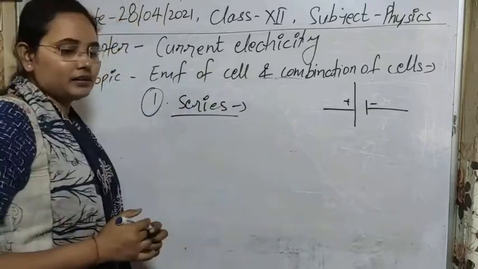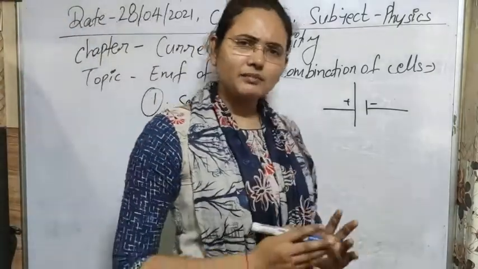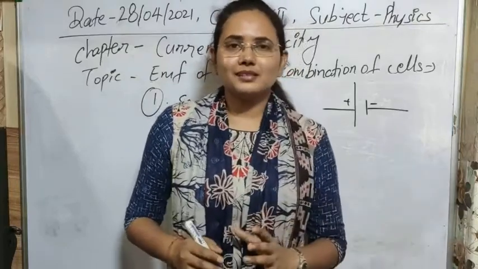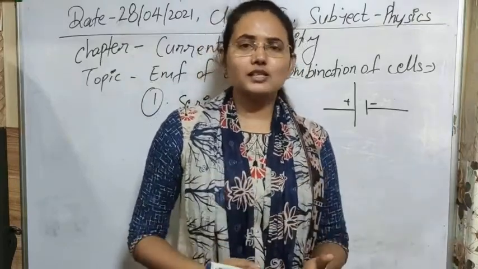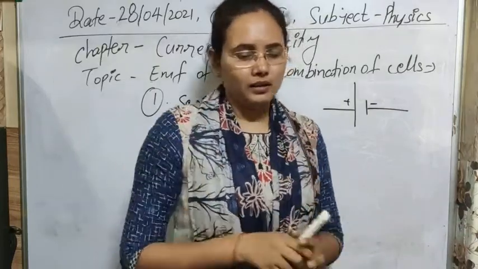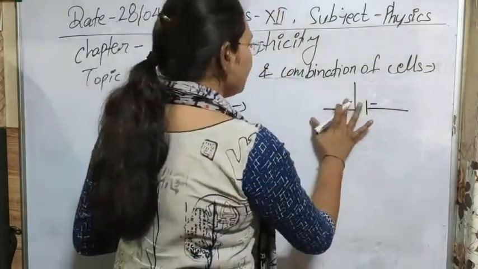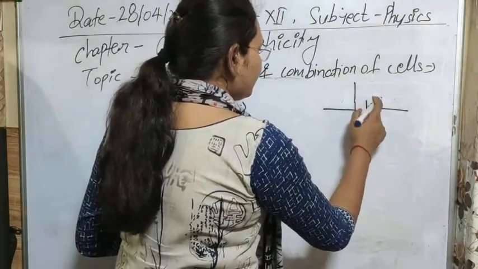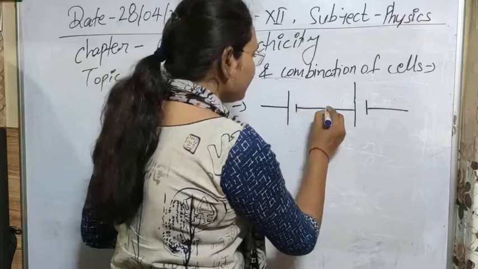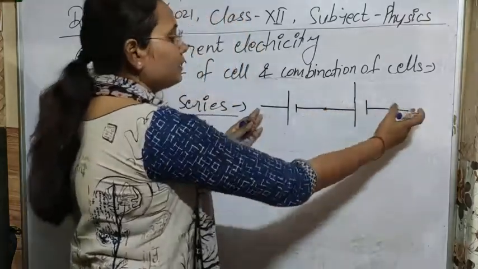If we are talking about series combination, then the concept is again the same. I told you before, in the case of capacitance and resistances in series combination, we are joining any two components end to end. So suppose we have two cells, and we join those two cells end to end. End to end joining means one end is joined and the other two ends are free.